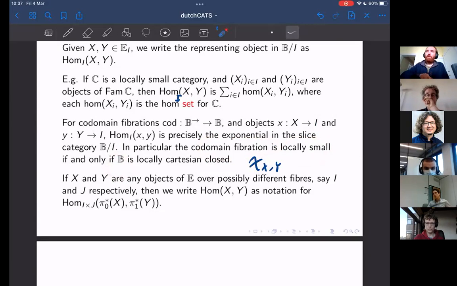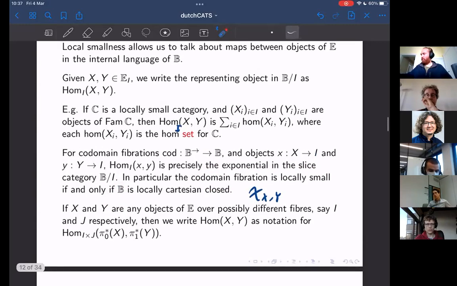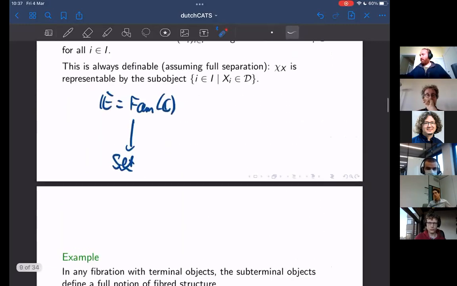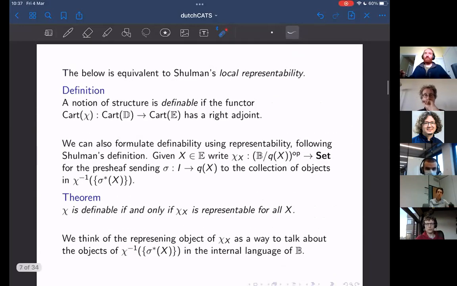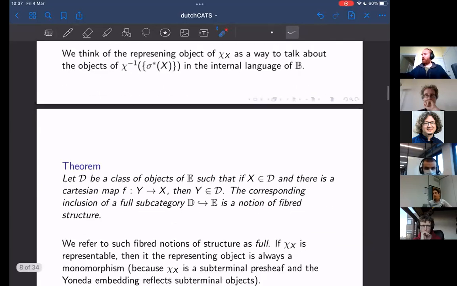An important point, which I forgot to emphasize, is that definability is really a property. The definition is unique because right adjoints are unique up to isomorphism, and looking at it this way, the representing object is unique up to isomorphism.